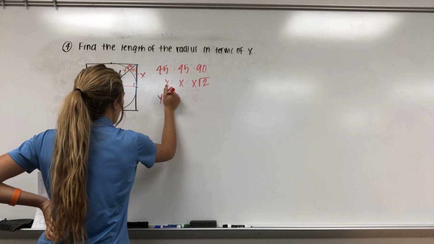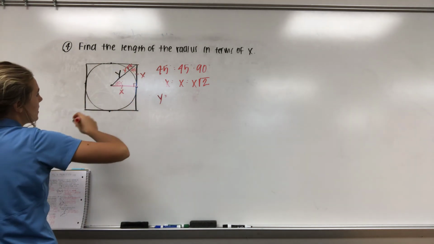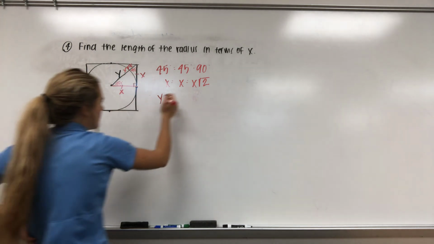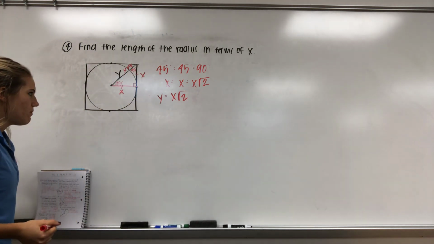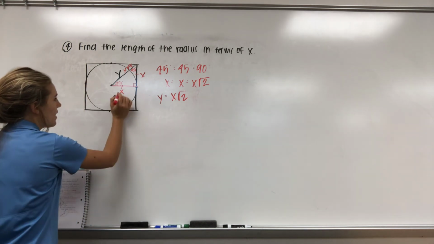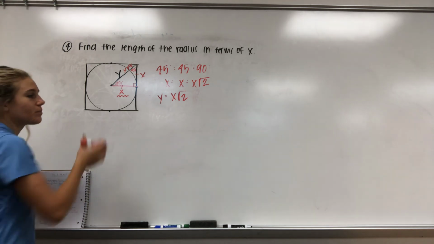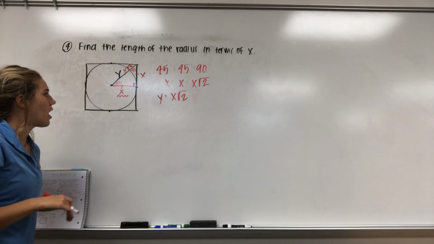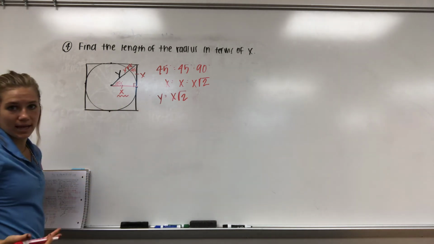So that's y, and we also know that this side y, which is what they give us, is also going to be equal to x radical 2. So since I know that y is equal to x radical 2, I want to find one of these sides, right? Because like I already established, one of these sides is going to be equal to my radius. They're going to have the same length. So since my radius is equal to x, I want to find what that x is.